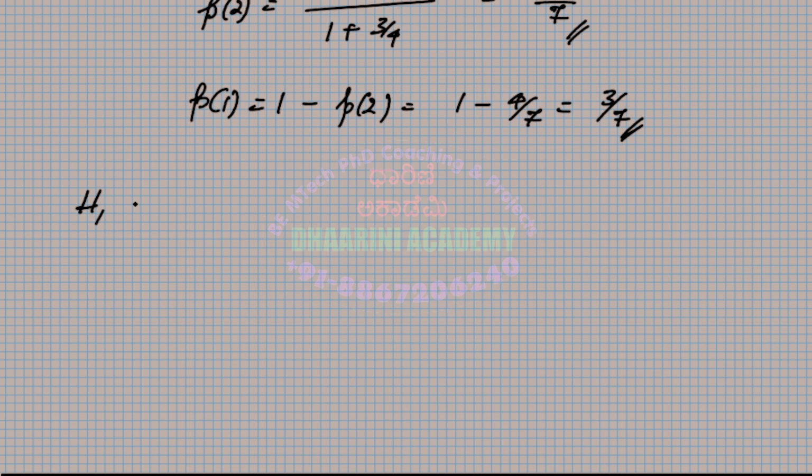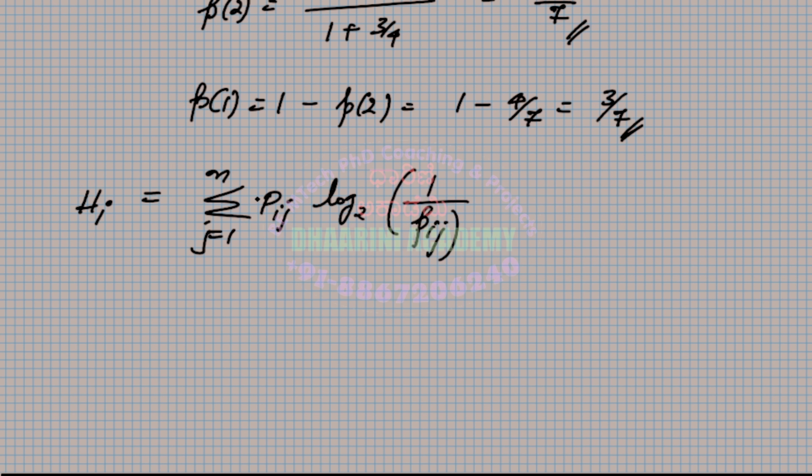I'll write a general equation. Hi is equal to summation for j equal to 1 to n, how many states in general you have, of the probability of ith state to jth state, pij, into log to the base 2 of 1 divided by pij. So this is the same p which I'm writing, pij.